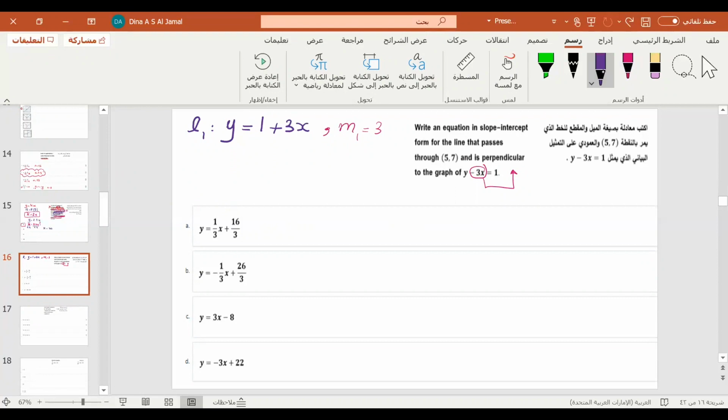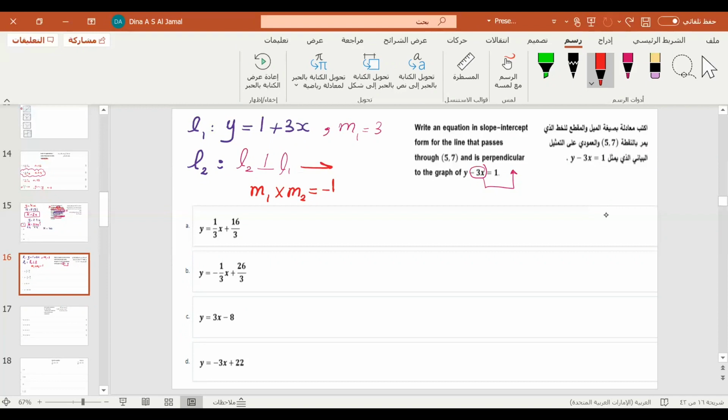Now, I want an equation for other line which is perpendicular to line 1. So, we know that whenever we are having two lines which are perpendicular to each other, if I multiplied M1 by M2 of the second line, I will be getting minus 1.